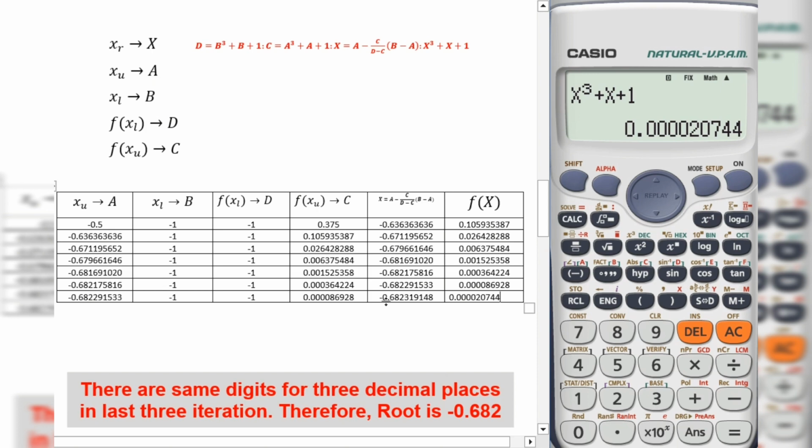Therefore our root is minus 0.682 to 3 decimal places.